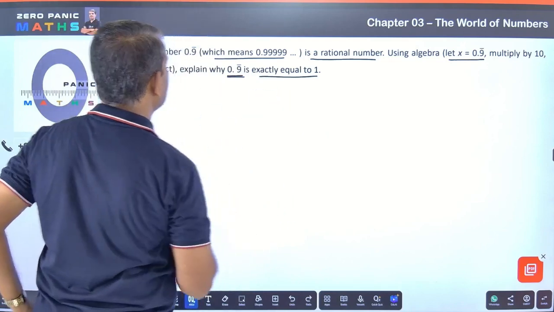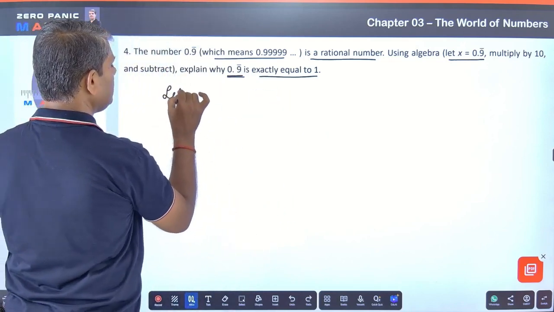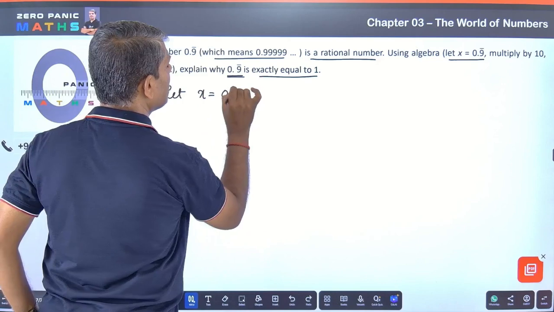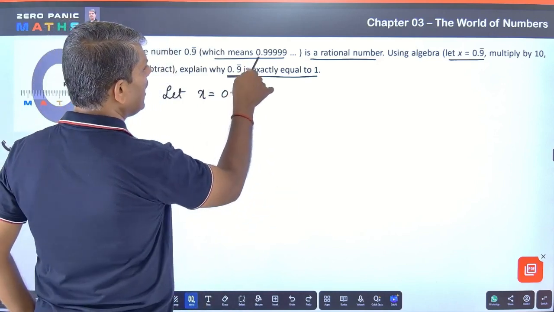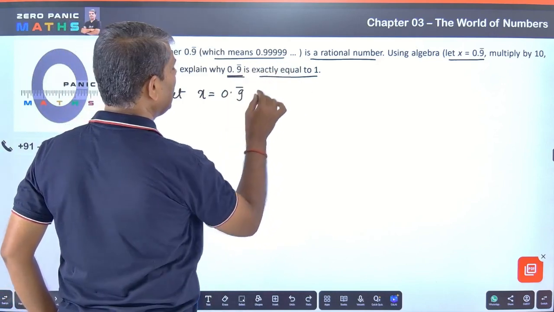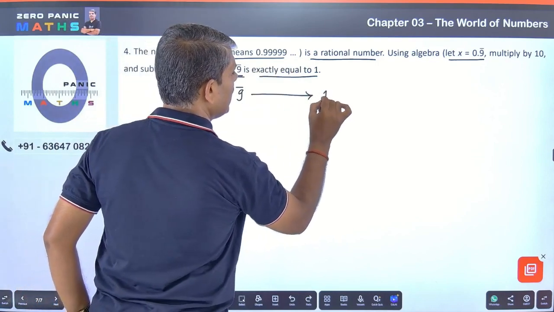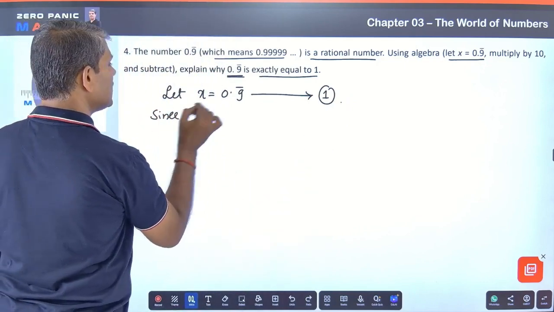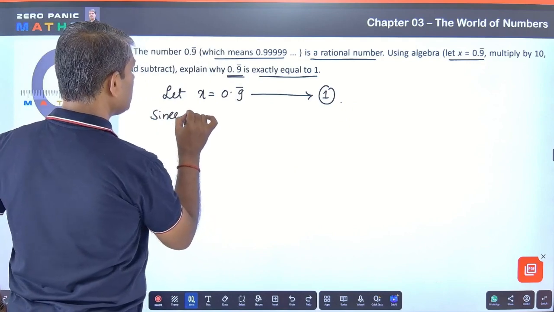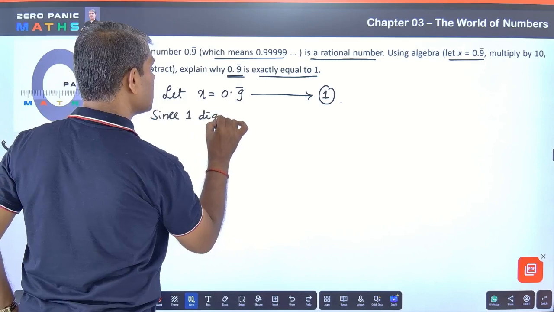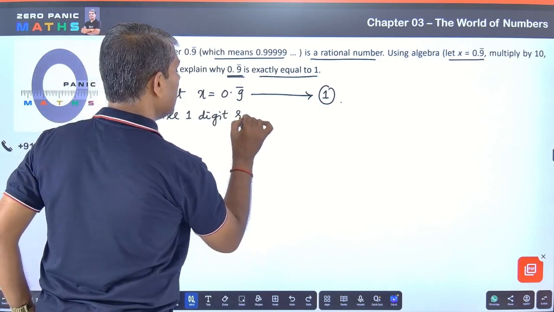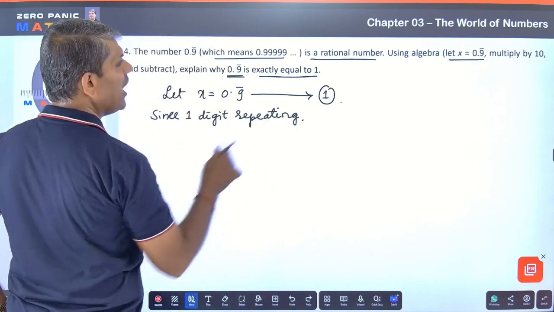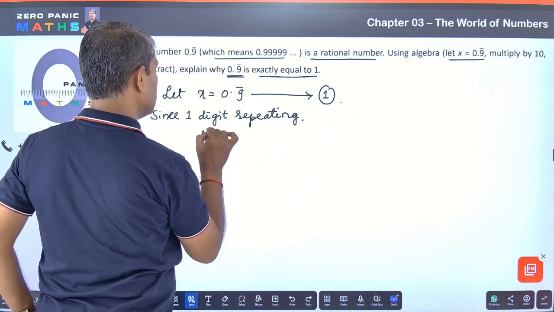Now let us consider that. Listen to me carefully. x is equal to 0.9 bar, and as you know, 0.9 bar is 0.99999. Consider this as equation 1. Since only one digit is repeating after the decimal point, multiply by 10 to the power of 1, that is 10.